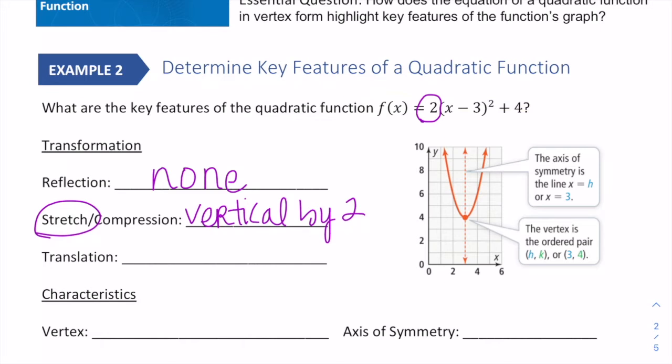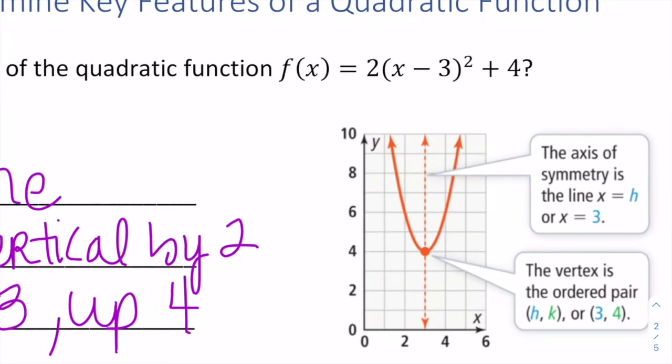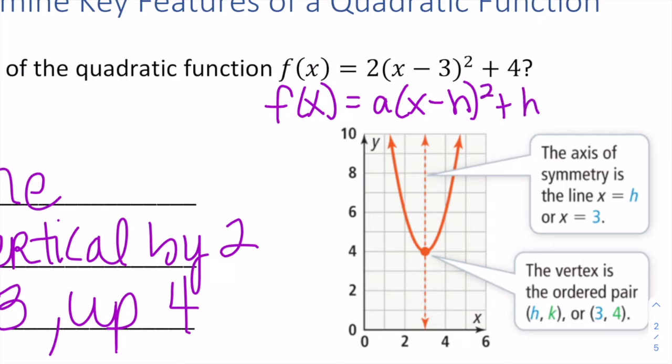There's also a translation. We know that this graph is going to be shifted or translated right 3 units and up 4 units. When we consider those transformations and we look at the equation in vertex form, we can identify key features or characteristics of the graph.